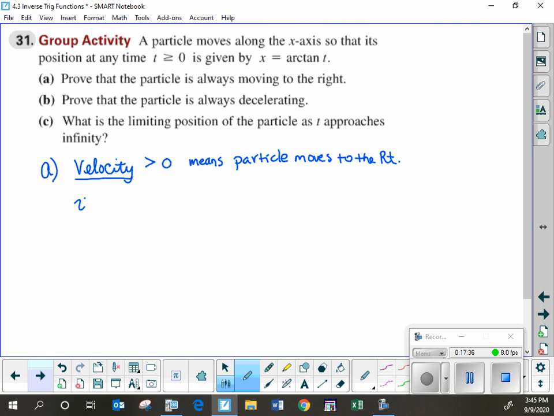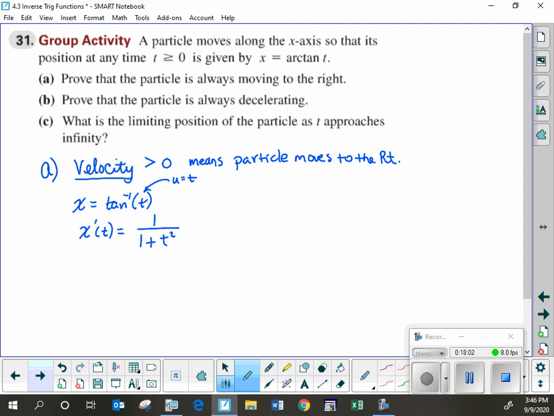I had x equals tan inverse of t. So let's find x prime of t. This is my u, right? So the derivative of tan inverse t is 1 over 1 plus t squared.